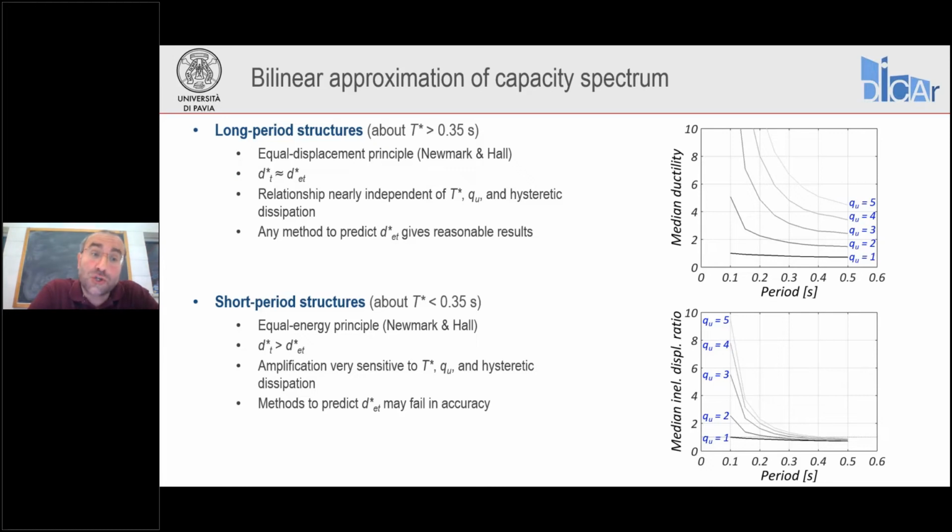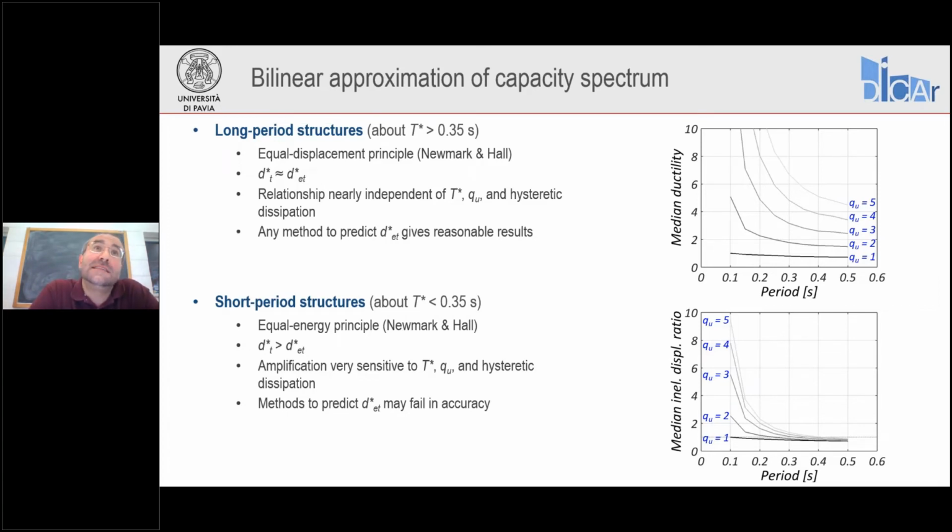The problem is for short period structures, where, according to Newmark and Hall, we have the so-called equal energy principle holding. And in this case, as I was saying, the inelastic displacement demand is quite larger than the elastic one. And in this case, however, we have another problem, because this amplification is very, very sensitive to the period of the oscillator, to the strength ratio, and to the hysteretic properties of the inelastic oscillator.